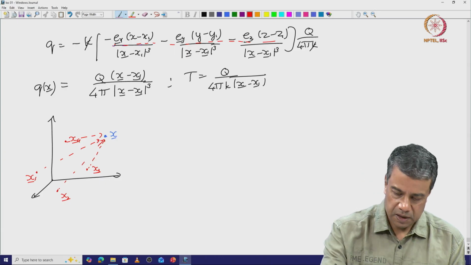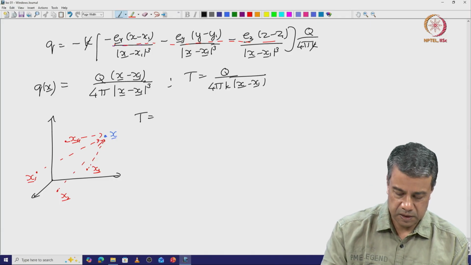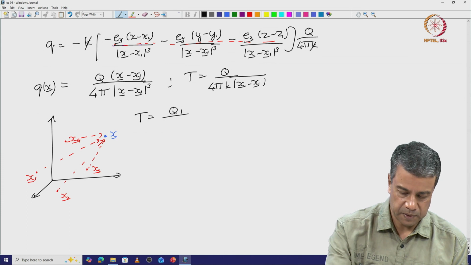And I will get the temperature field due to these multiple sources as T is equal to Q1 by, or I can take the 1 by 4 pi k outside.